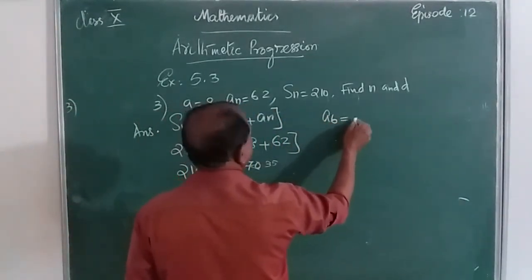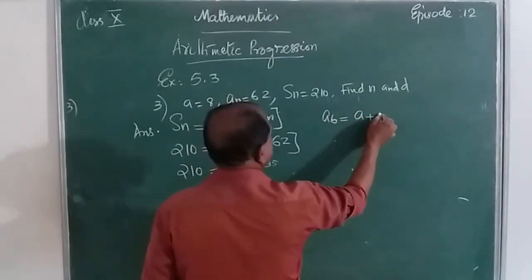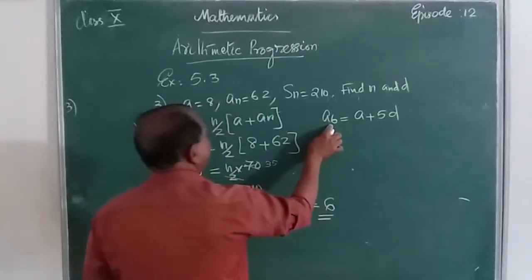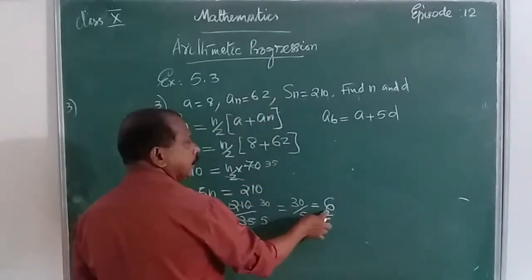That is, a6 is equal to a plus 5d. Then a6 is 62 because n is 6.